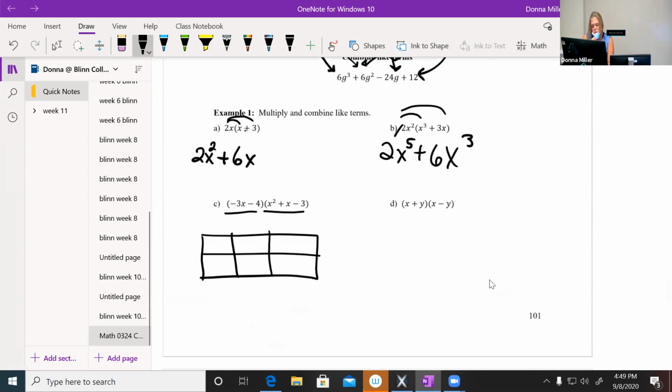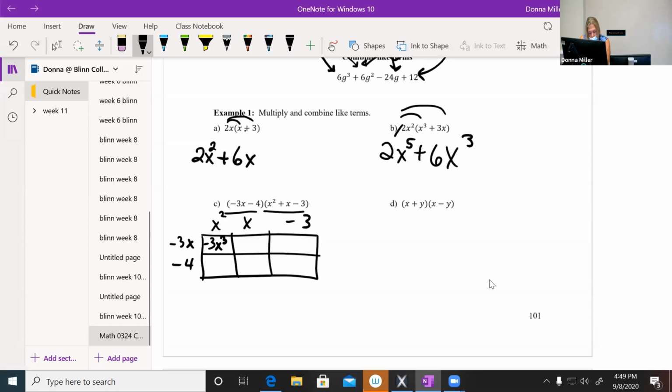What I do is the two-termer, I put those outside here, so minus 3x and minus 4 go on the outside. And the three-termer will be x squared, x, and negative 3. Then I multiply every row by every column. So x squared times negative 3x is negative 3x cubed.